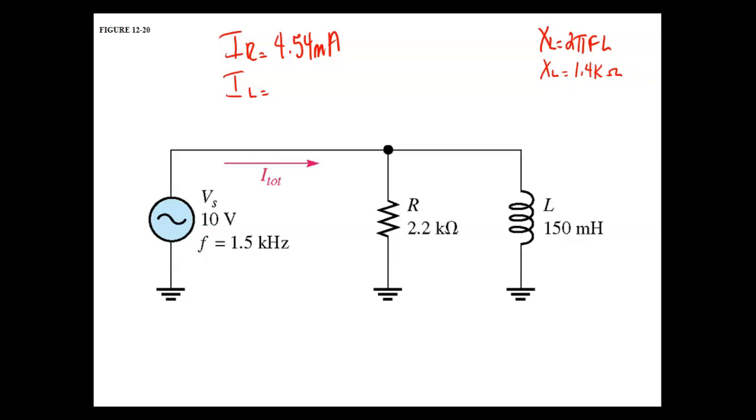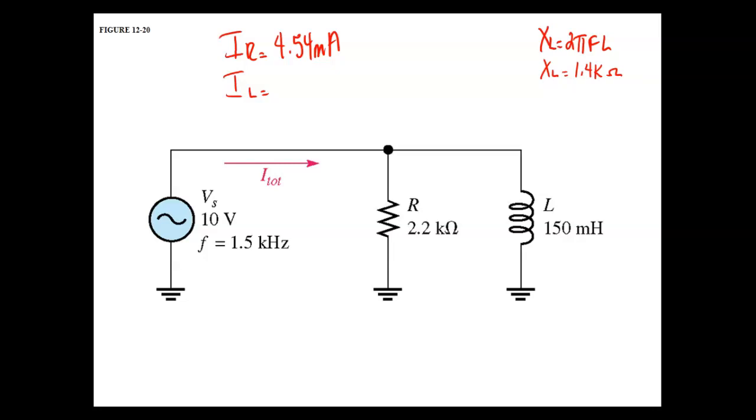Would you guys do this? I haven't got anything. X sub L, everybody got 1.4K? I did not get the same. Wait, let's wait a minute. What did we get for X sub L? I forgot now. 1.4K. Everybody okay with that?